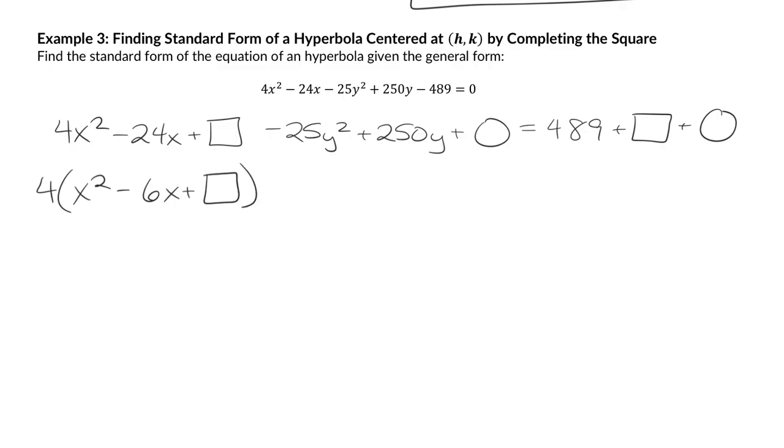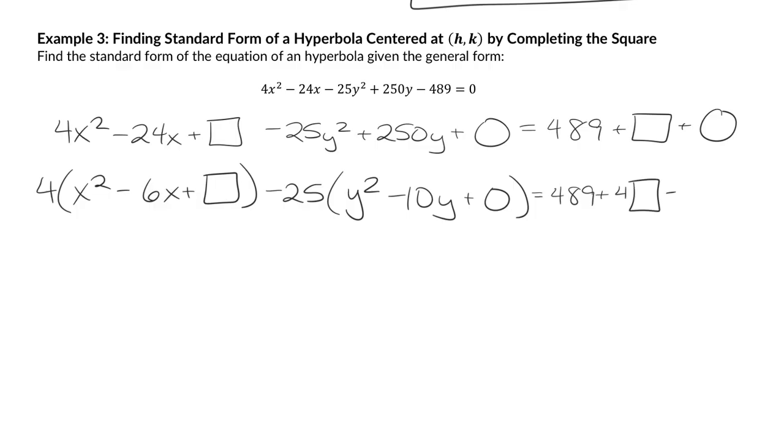What should I divide all of the y's by? Negative 25. So if I divide by negative 25, I will end up with positive y squared, negative 10y, and their mystery box. But of course, since I factored it out on the left side, I'm going to have to multiply the mystery box by 4 for x and the mystery box by negative 25 for y, because that's what I factored out.